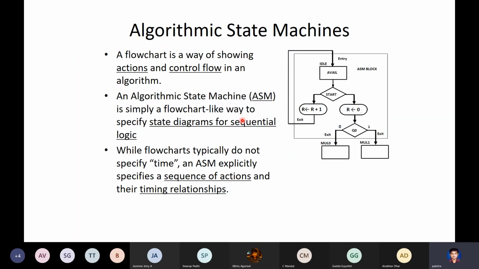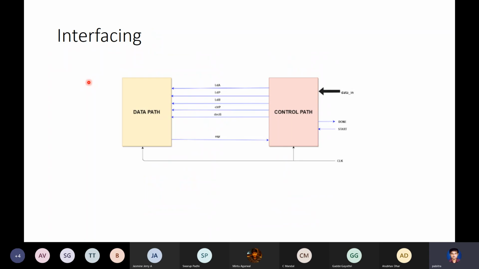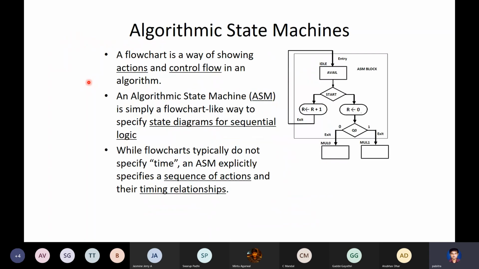As I have said, this control path diagram you can actually represent by something called an algorithmic state machine, or ASM, sometimes also known as an ASM chart. So an ASM chart is just a flow chart which shows the actions and the control flow, plus some timing and state diagram.